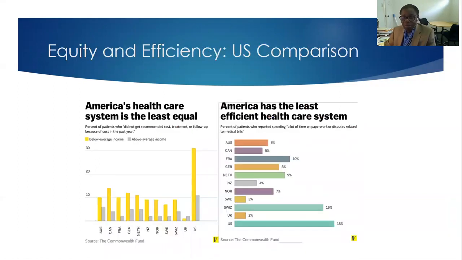More data from the Commonwealth Fund shows on the left that the US does a poor job at delivering affordable healthcare to those who cannot afford to pay for it. Only the UK does better than any other country listed. The US also has a very inefficient system of time spent on paperwork compared to the UK.